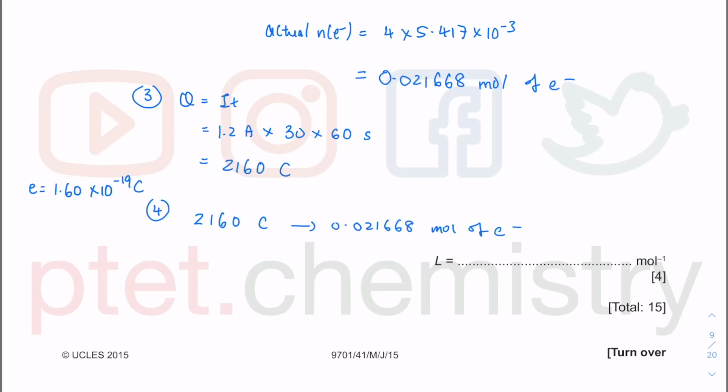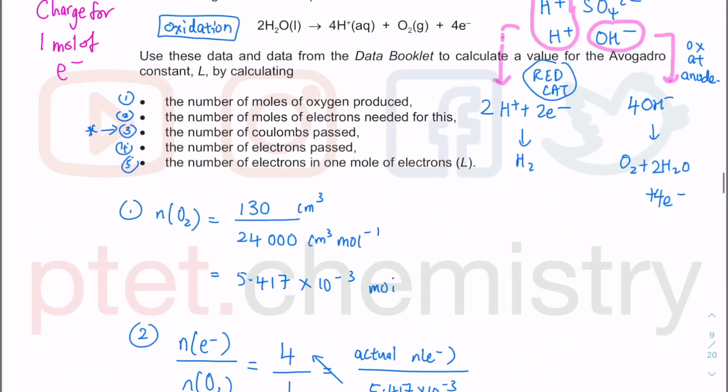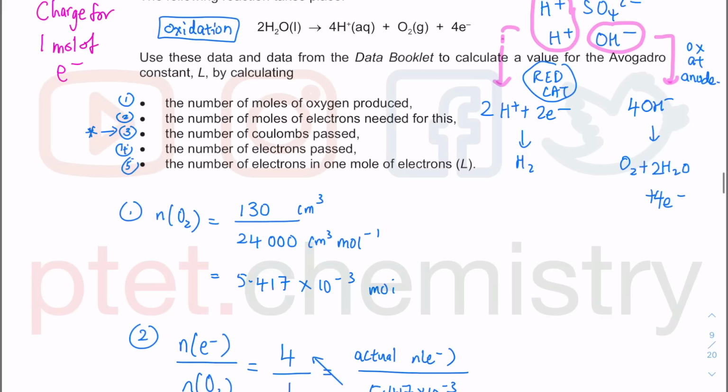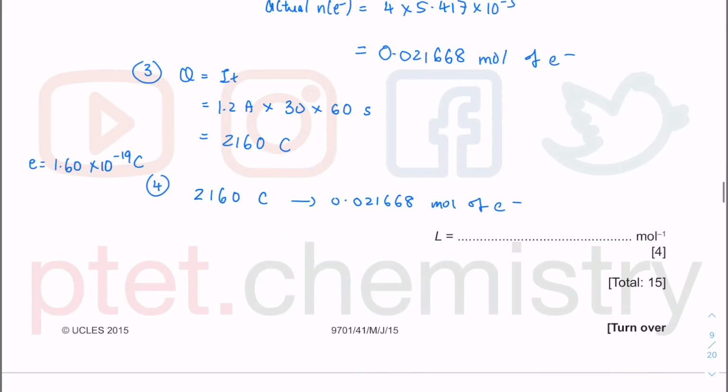So what do we want? We want the number of electrons passed. I think I've gotten this the other way around. 1.60 times 10 to the minus 19 coulomb is for one electron.